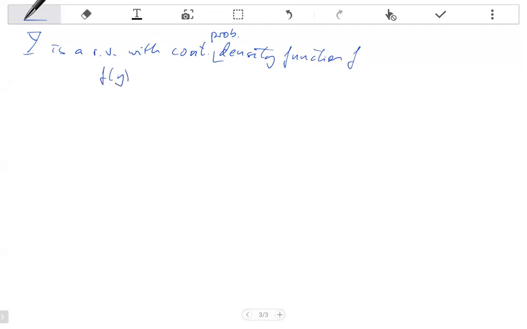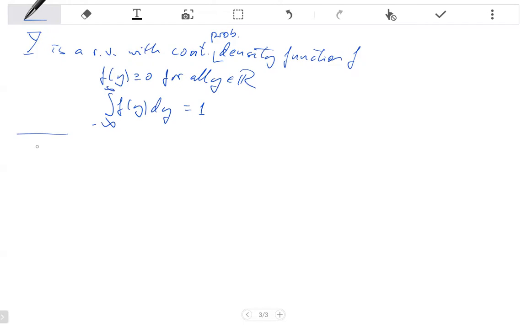We have to have f of y greater than or equal to 0 for all real valued y, and we have to have the integral f of y dy equal to 1. And here it's understood that we're integrating over the whole real line.